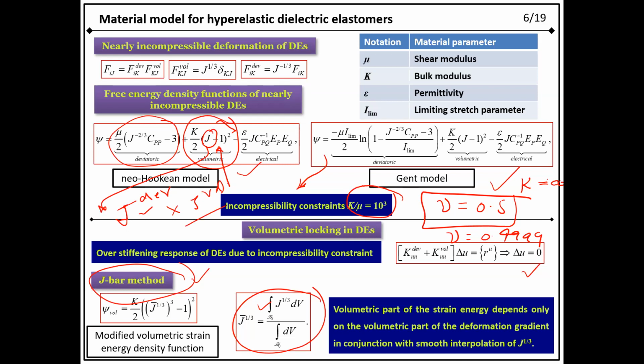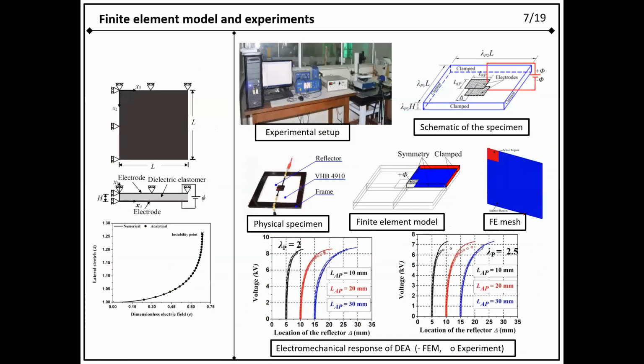We generally assume that this part is only dependent on J volumetric, not J deviatoric. Then we can have this approximation, or smoothing, of the J function. There are other methods, like the reduced integration method. There are lots of methods to remove or alleviate this locking phenomenon, but I will not go into detail on other methods.